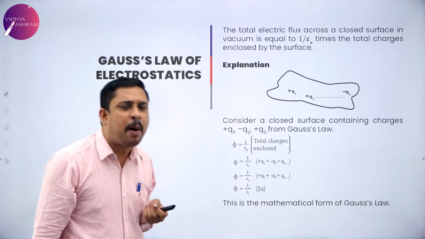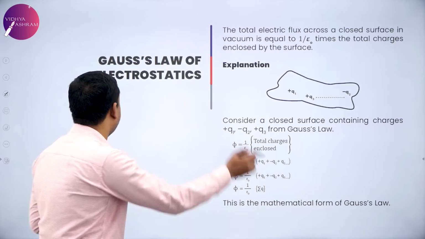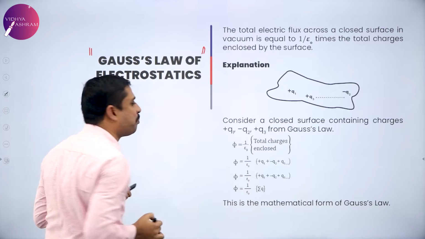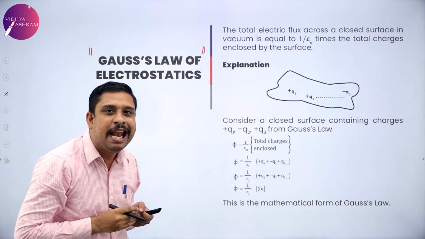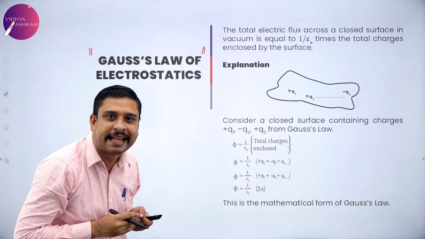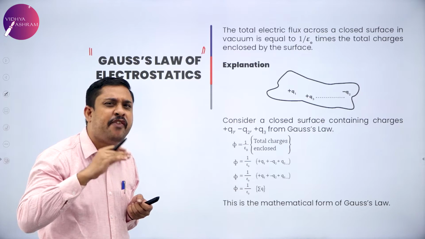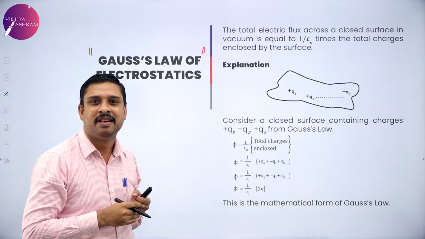Now, as a trivial part of the discussion on this chapter, a very defined concept called Gauss Law of Electrostatics. Gauss Law is a very favorite question for any question paper setter.